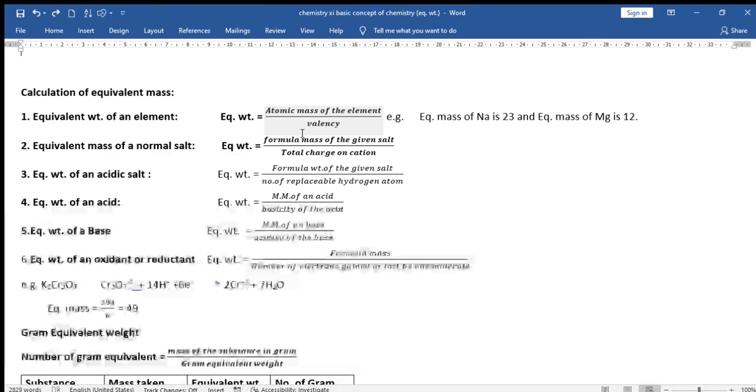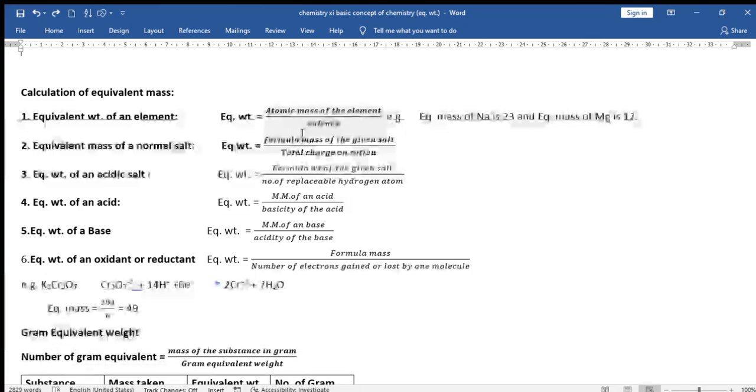Sometimes you can see that some metals have variable valency. At that time, when a metal has the same atomic mass but variable valency, we use the valency that is used in the given compound.